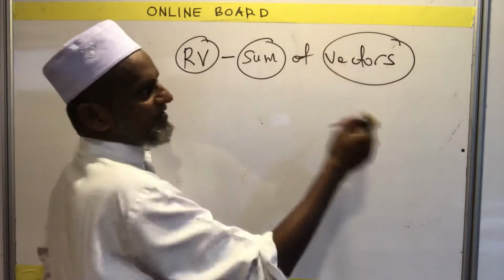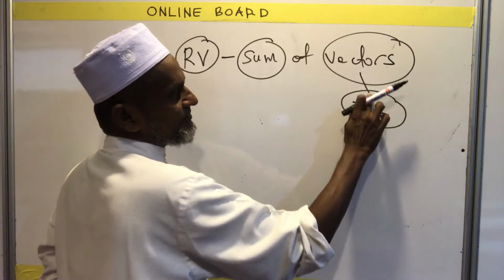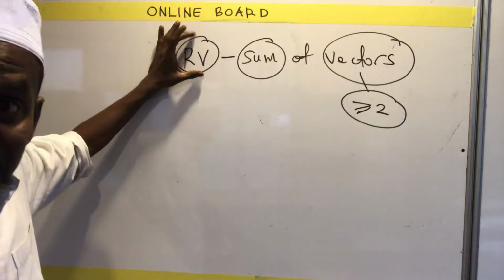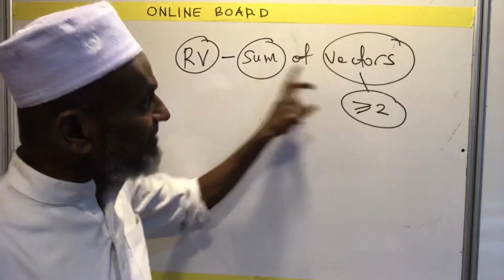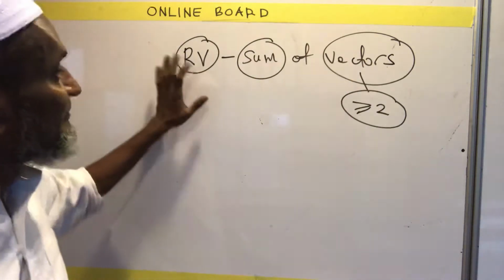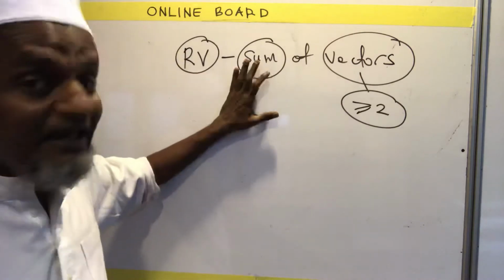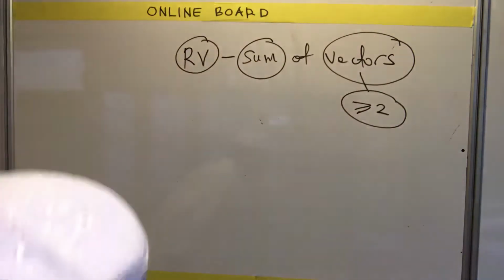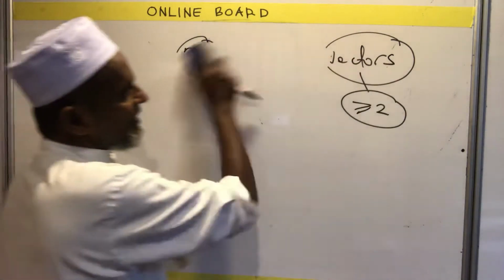When I say vectors, two or more vectors, right? So finding the resultant vector is the same as finding the sum of vectors. How to add vectors? There are a few cases, and I will do them one by one.